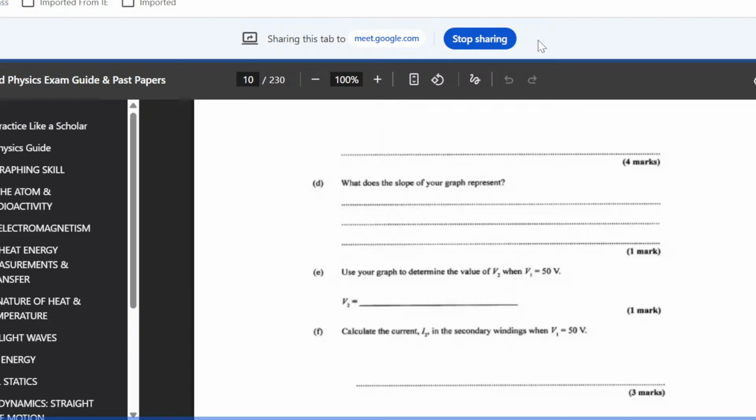That's typically how the marks are allocated for calculation questions. State the formula, do your substitution and get the answer, of course, with the unit. So don't lose marks just because you want to rush into the question.